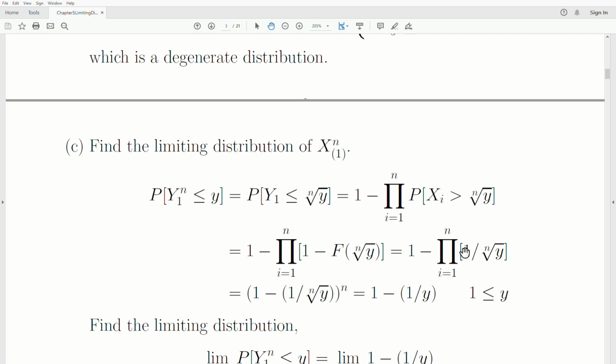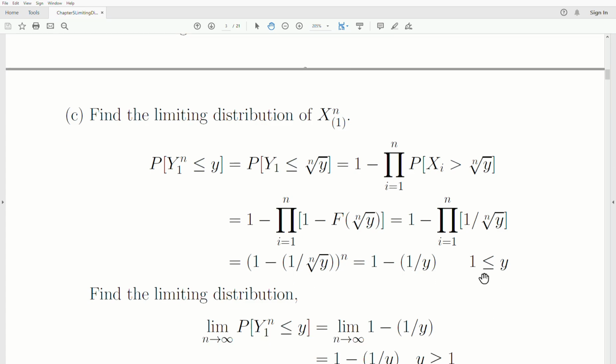The ones cancel and we're left with 1 over this value that we plug in. Now there's no index, this gets raised to the nth power here, and the nth root and the nth power cancel each other, and we're left with 1 minus 1 over y. This is for y greater than or equal to 1. And so that's the CDF of the minimum order statistic raised to the nth power.